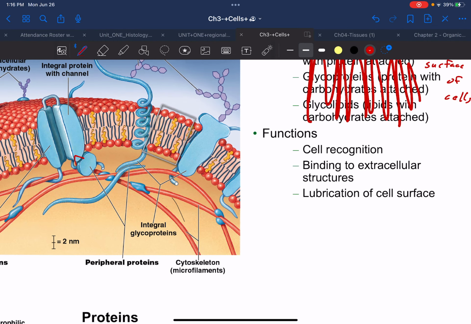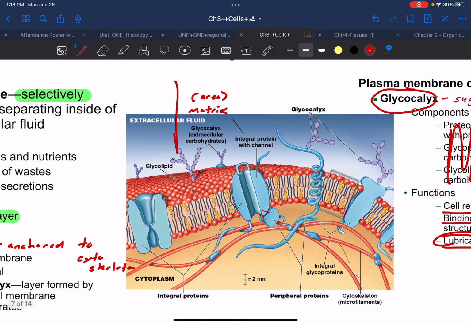And so, do not forget, a glycocalyx helps with cell recognition, helps bind surfaces to other cells or other hormones. It binds things on the surface, and it also serves as a lubrication. In other words, you're not really getting direct contact all the time with other cells. You're not really rubbing against the plasma membrane.